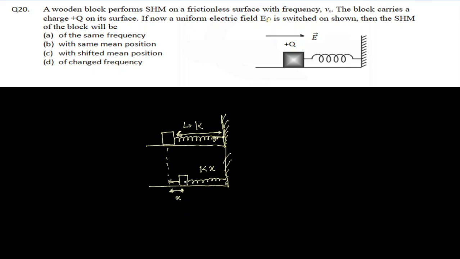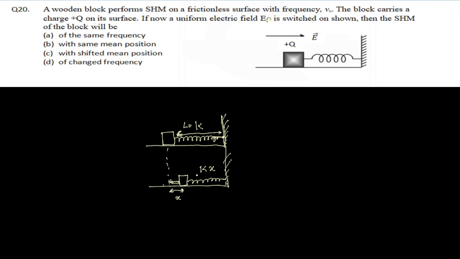And how will it get its original length? For that, the spring will apply force on the block towards the right, so that the block can move to its original position, and then the spring will get its proper length L naught. But after giving this displacement, if we just leave this block here, what will happen?